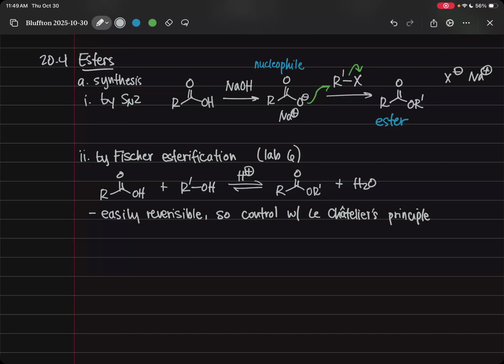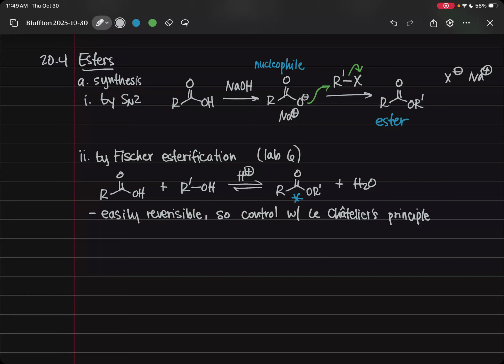Sorry if I'm giving you flashbacks to the lab quiz, but what are the answers to the lab quiz? Okay, what was the question? It was how do we encourage more formation of the product, right? So the product is our ester. That's what we're trying to make. So how do we upset the equilibrium?